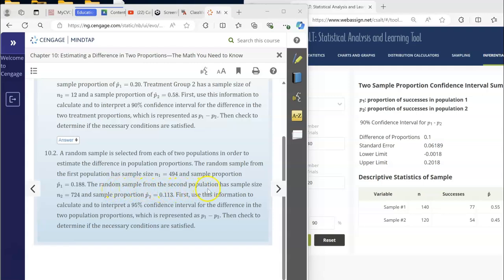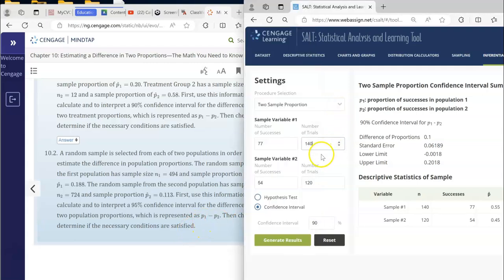The random sample from the second population has a sample size of 724 and a sample proportion of 0.113. We're going to use this information to find a 95% confidence interval. That's represented from p1 minus p2.